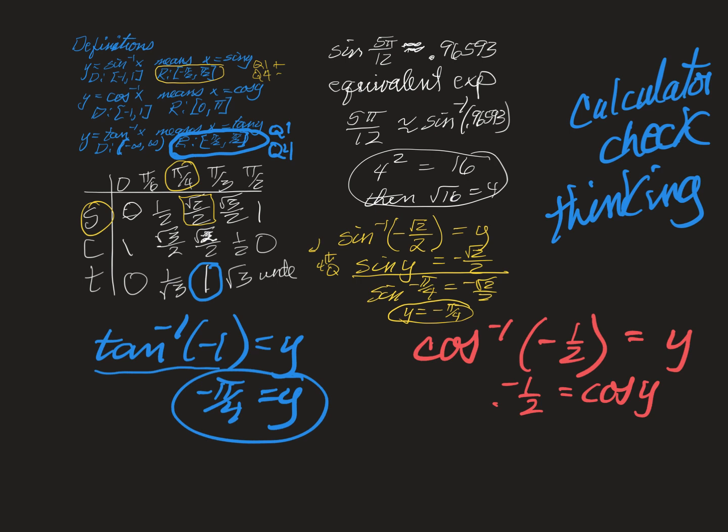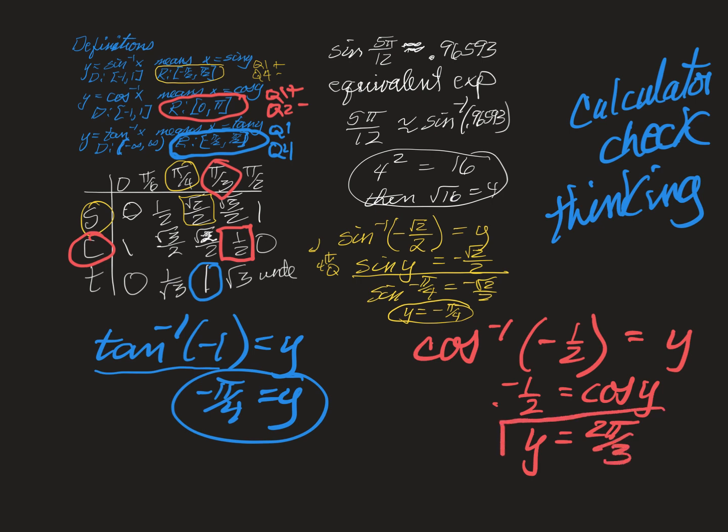But for cosine, the first quadrant is positive, so first quadrant angles are positive, but we need second quadrant angles to get negative values. And so from the table, the cosine of pi/3 is 1/2. So the second quadrant angle of pi/3 is 2 pi/3. So y is equal to 2 pi/3.